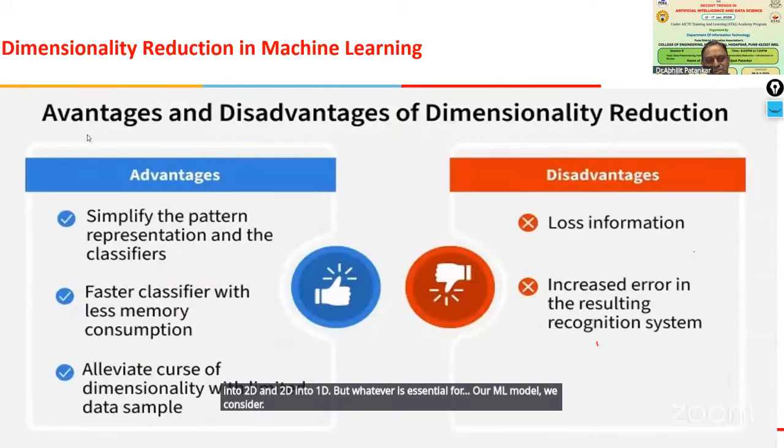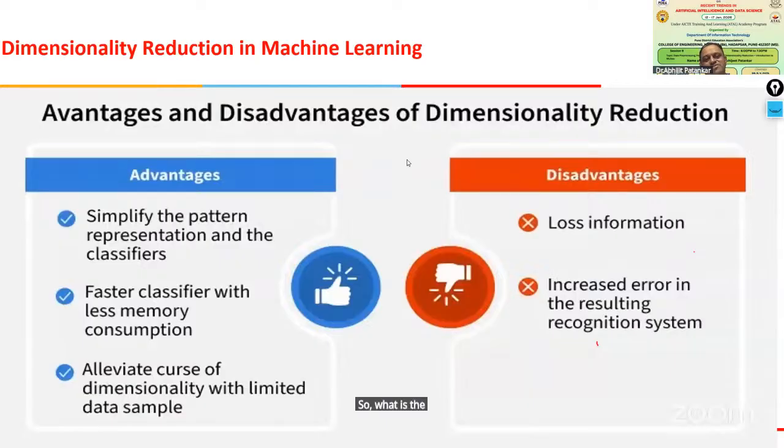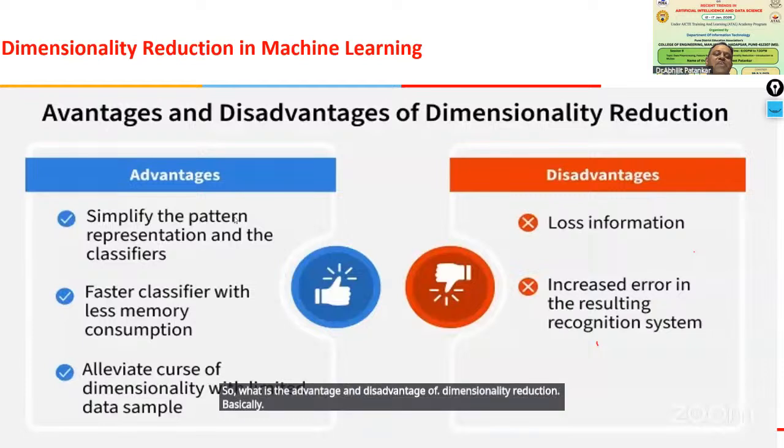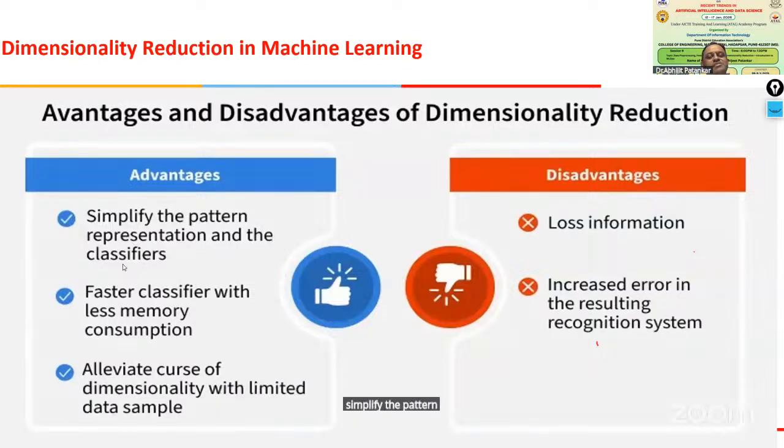So what are the advantage and disadvantage of dimensionality reduction? Basically, it simplifies the pattern, representation, and classifier. This is the first important point. Unless you simplify your pattern, if you give a 4D, 5D model with different patterns, then the model takes time for analyzing, processing, and utilizing, and generating the different results.